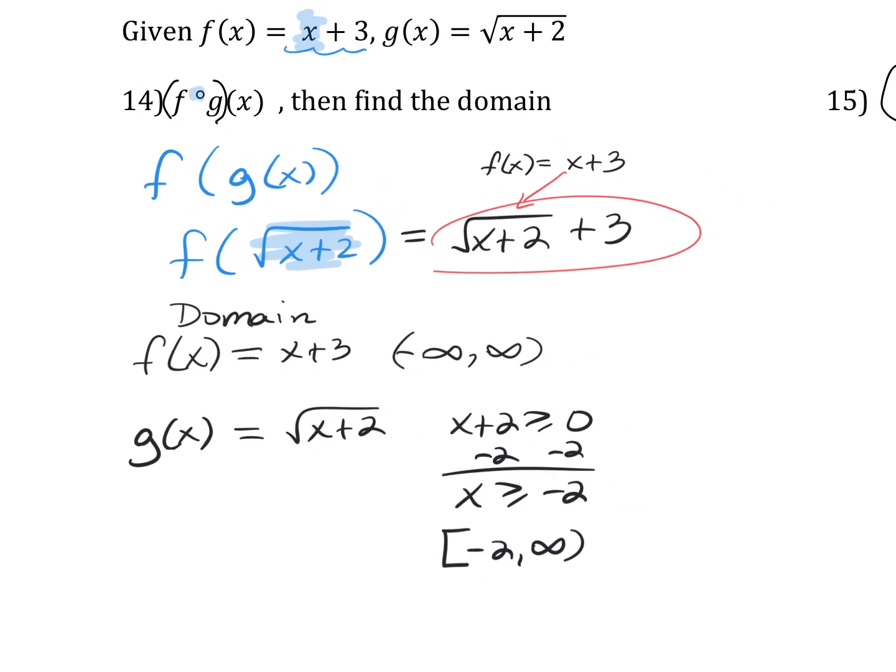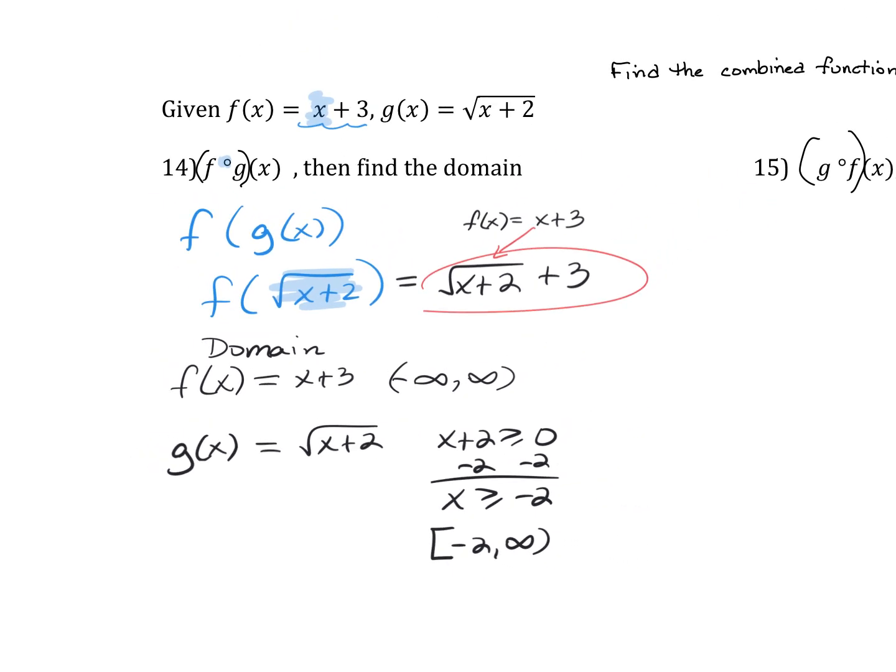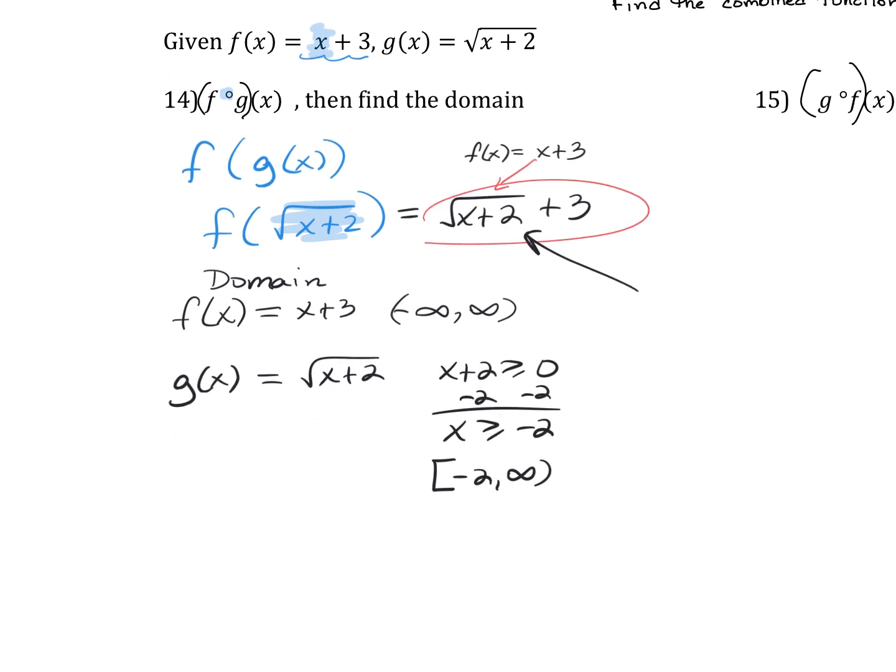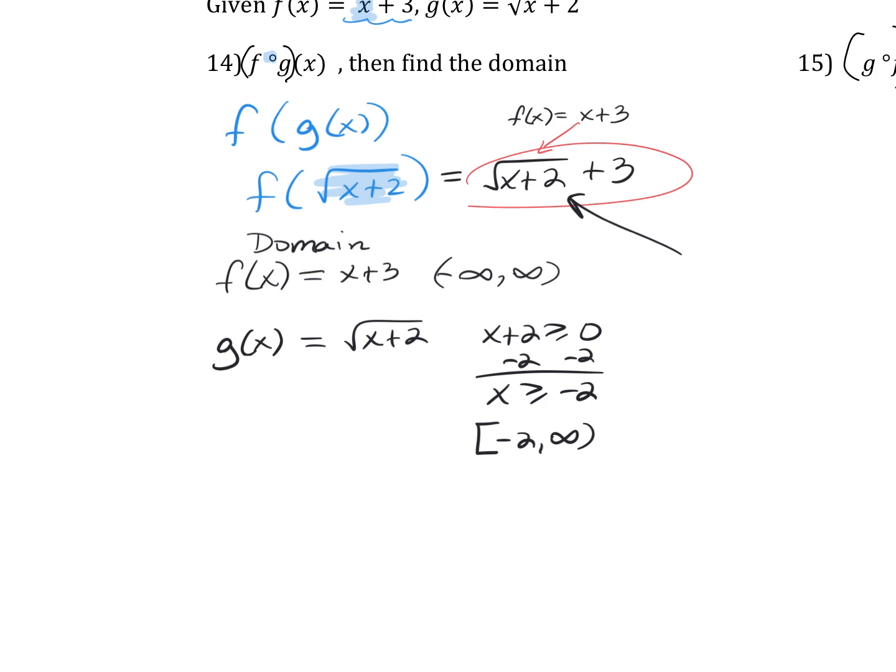Now, my combined function, notice the only thing that I would have had to check was my input, because there's nothing to check there. So my domain of the combined function and of the input function is the answer. It's x is greater than or equal to -2. So in interval notation, bracket -2 to infinity.